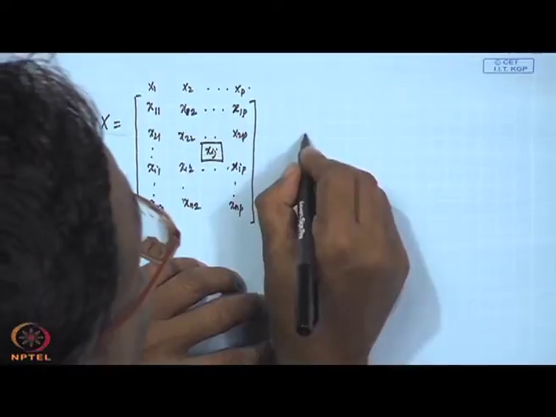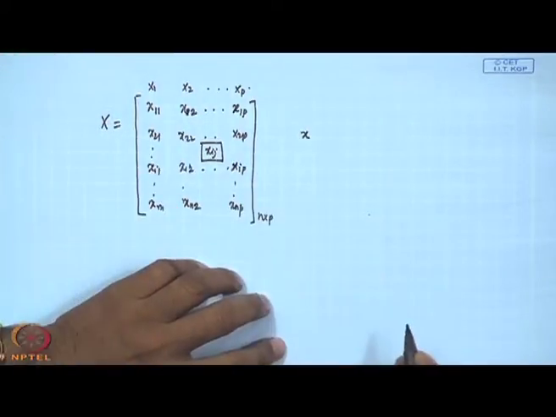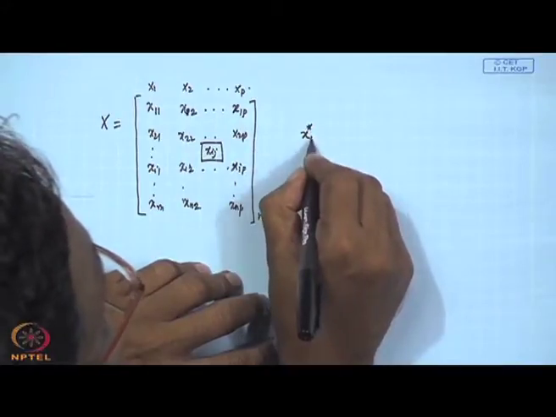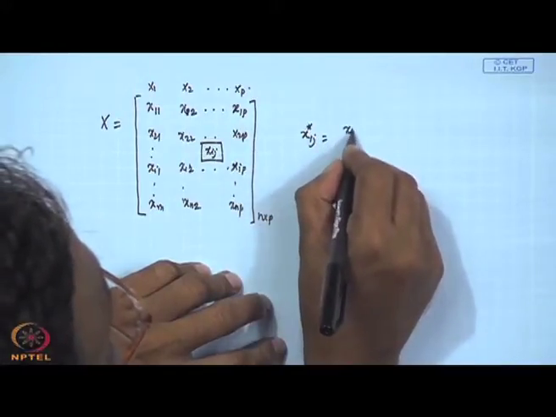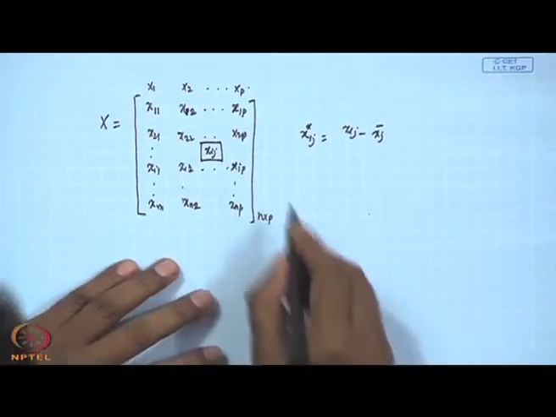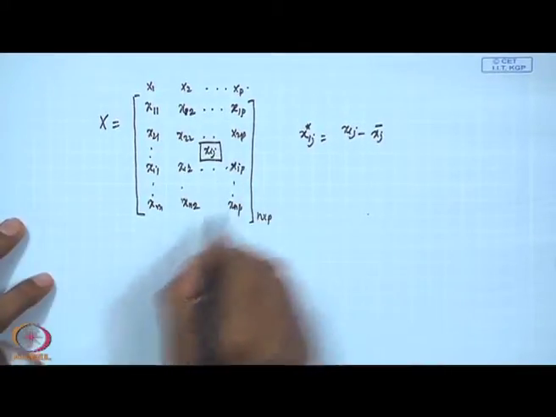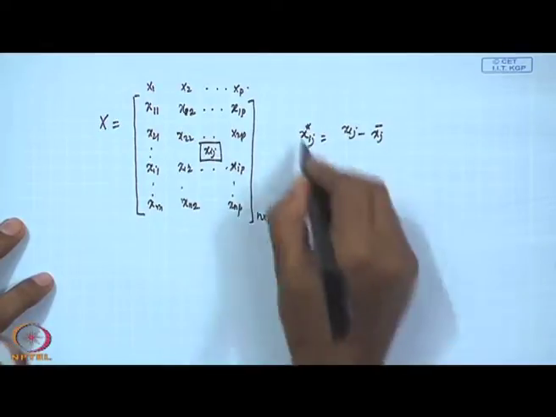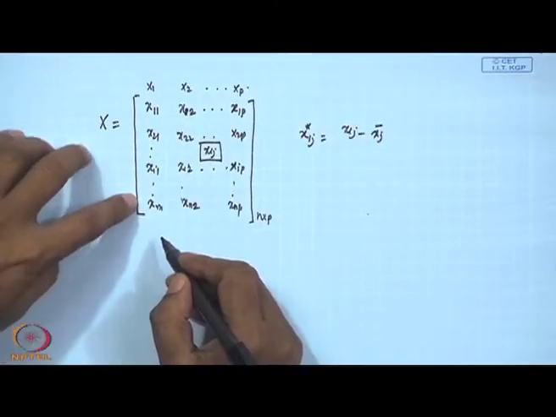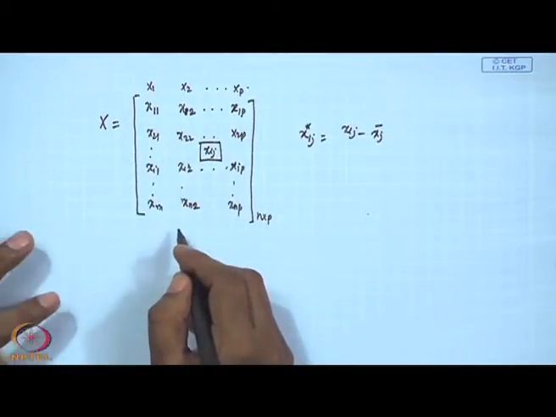Now let us consider a general observation here, which is x_ij. If we create one more general observation x star_ij, which is x_ij minus x_j bar, that is, you subtract each of the elements by its respective mean.